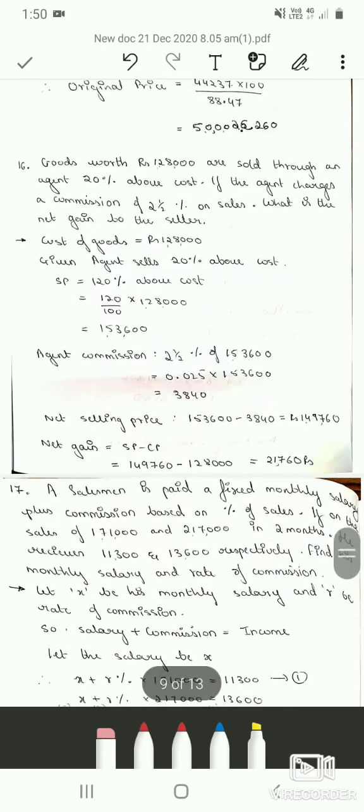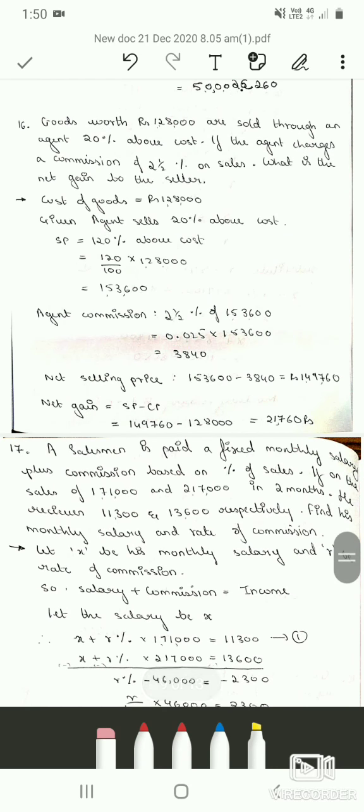So the next problem is: goods worth rupees 1,28,000 are sold through an agent 20% above cost. If the agent charges a commission of 1/2% on sales, what is the net gain to the seller? So we have to see the amount gained by the seller.